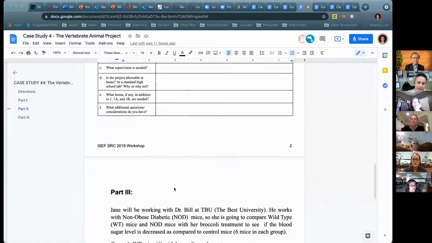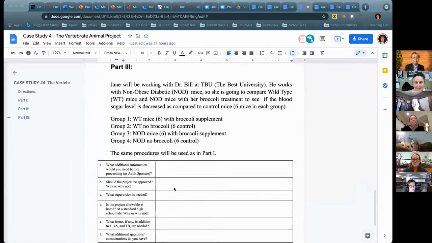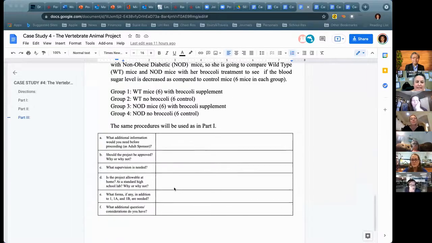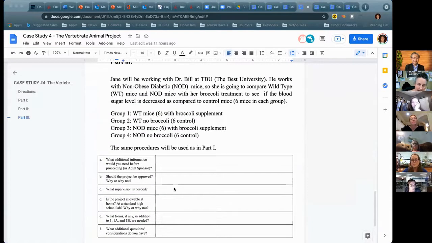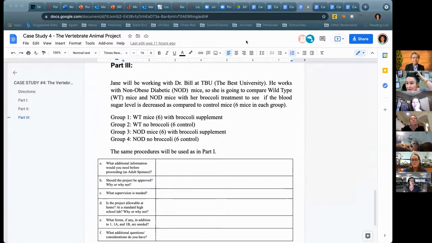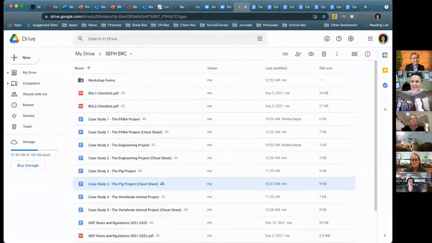Then her part three was going to be done at a university, where she tested another group, the non-obese diabetic mice, in addition to her wild type mice. Just three different parts of the same project. So essentially with each part, just more forms as she was adding more layers to it.